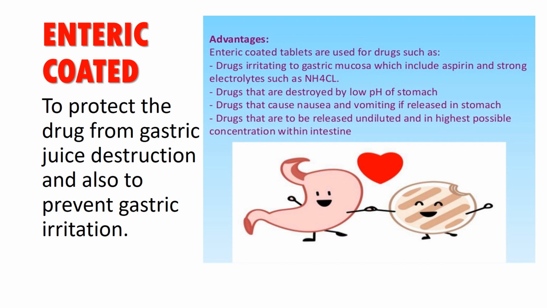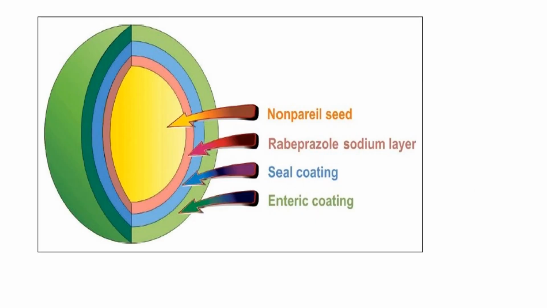Such tablets can also be made enteric-coated, and drugs that cause nausea and vomiting if they are released in the stomach can also be enteric-coated. So it will be an advantage for these drugs also. Okay, drugs that are to be released undiluted and at highest possible concentration within the intestine. That is, those drugs that should reach the intestine can also be given enteric-coated. So this is also one form of oral dosage form.